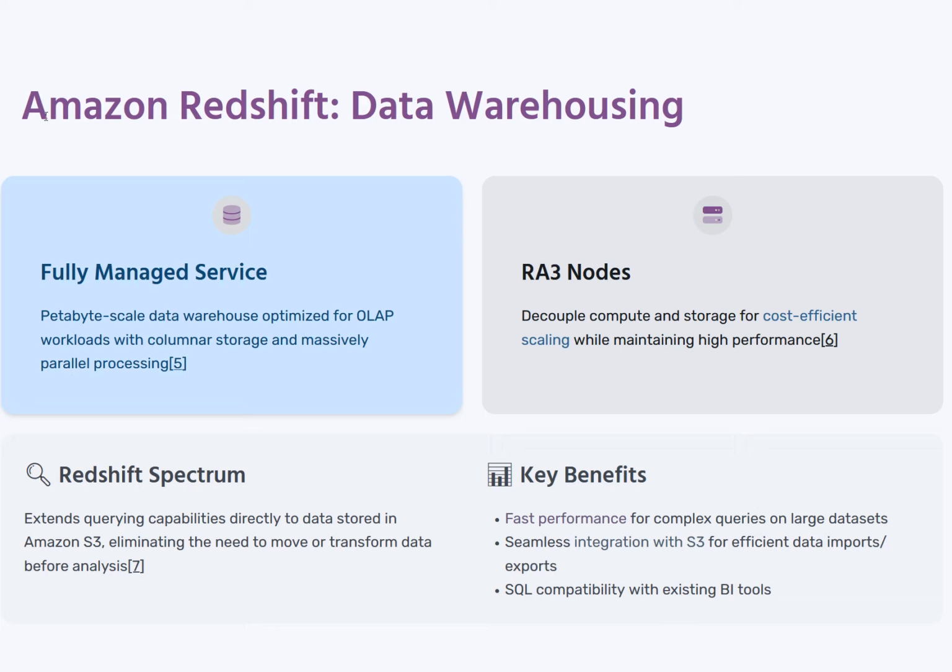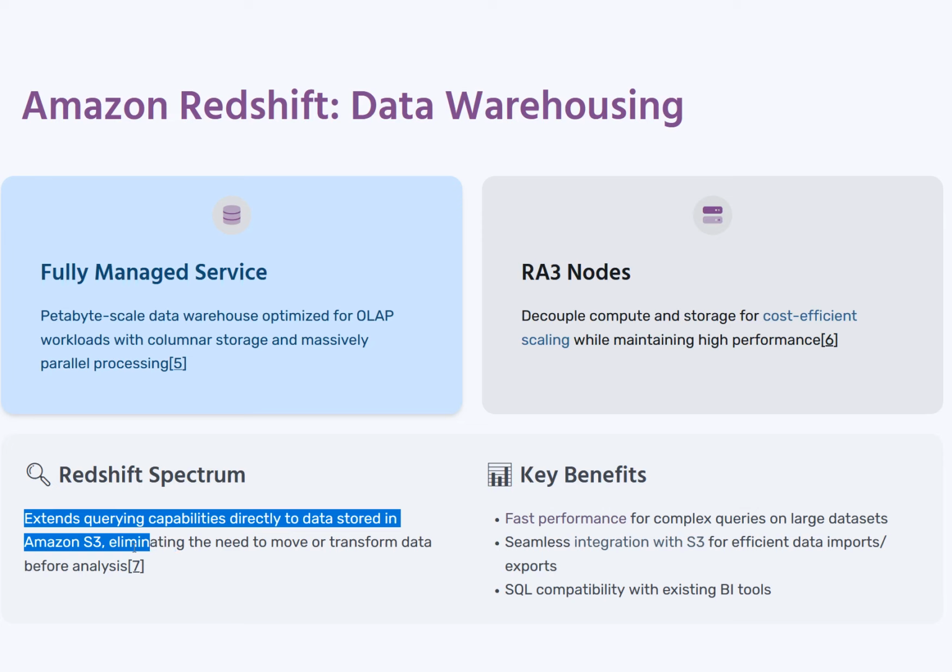Anywhere you see these words, that's Redshift, right? RA3 nodes decouple compute and storage, for cost-efficient scaling while maintaining high performance. Then there's Redshift Spectrum, which extends querying capability directly to data stored in Amazon S3, eliminating the need to transform data before analysis. So you can use Redshift Spectrum to directly query the data in S3, right?